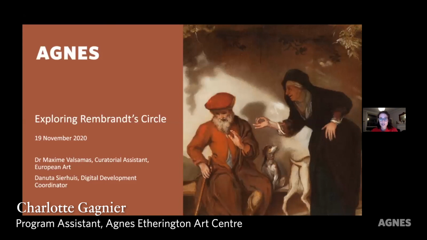I'd like to begin by acknowledging that Queen's University and Agnes Etherington Arts Centre are situated on the traditional Anishinaabe and Haudenosaunee territory. This is also where I'm joining you from this evening. To acknowledge this territory is to recognize its longer history, one predating the establishment of the earliest European colonies. It's also to acknowledge the territory's significance for the Indigenous peoples who lived and continue to live upon it.